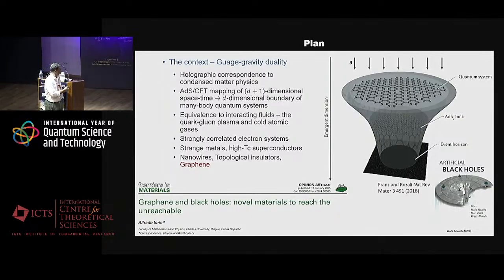For example, strongly correlated systems, the strange metals, high Tc superconductors, have already been discussed in this context. Semiconductor nanowires and topological insulators are also systems that are quite popular in looking at possible application of various holographic models to condensed matter systems, tabletop systems today.